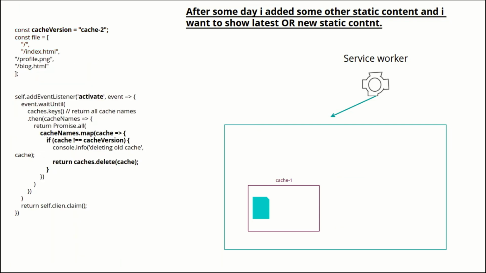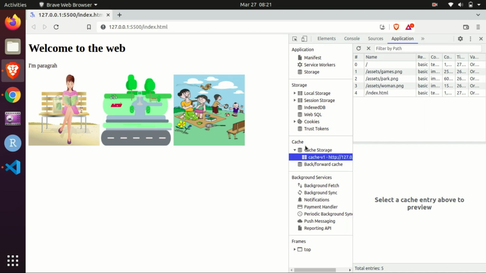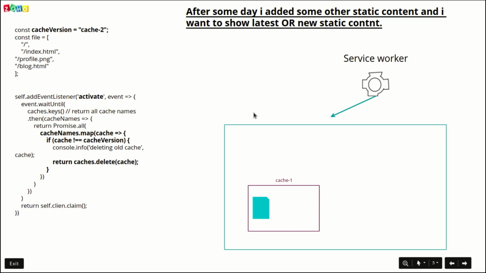To do that, you can delete manually in the browser. Let's see. You can come here to the console, the application tab, and delete it like that. But you can also delete by the use of coding. To do that, see the code here.